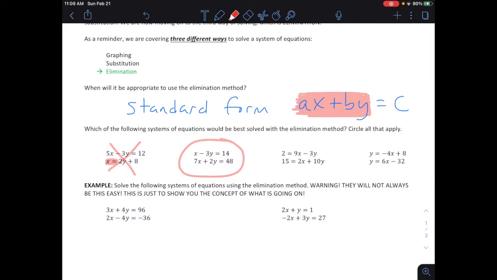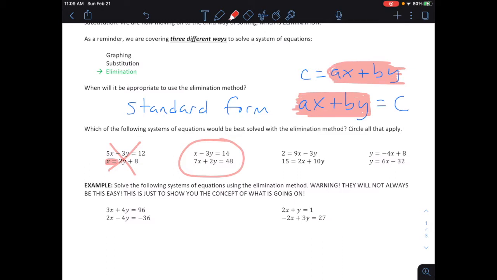I guess I forgot to tell you, we could write standard form backwards, and it would still be standard form. In this case, the x and y are on the right-hand side, and that's kind of like this next example that we have here.